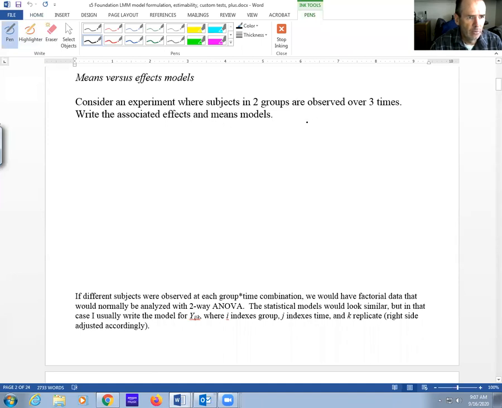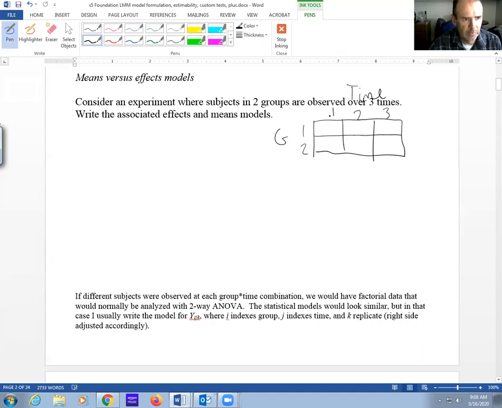a situation where we have two groups and 3 time points. So here we have time 1, 2, and 3, and group 1 and 2. You can think of the mean, think of this combination. The first time point for the first group, you're going to be interested in estimating some mean for that.